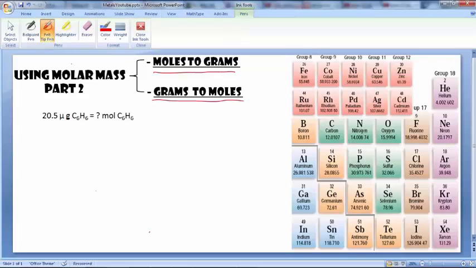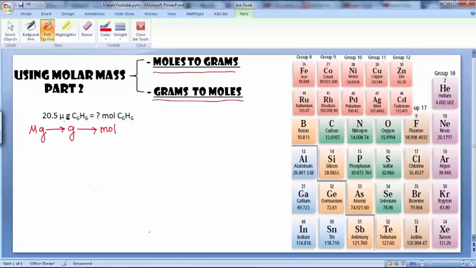Let's say we had that mass in grams of C6H6. So now I've gone to using a metric prefix, and that involves one more step in getting to moles. So we would have to go from, as you recall in chapter 1, micrograms to grams, and from grams to moles.